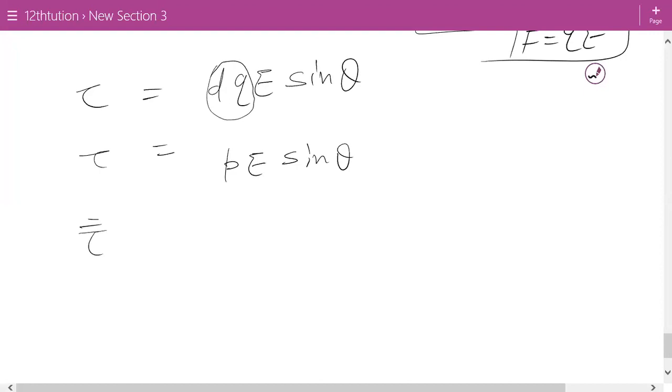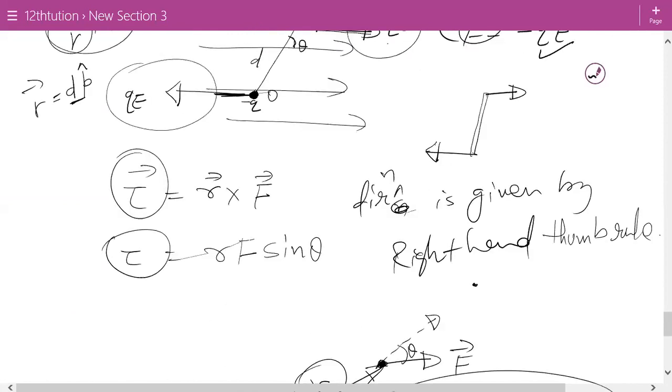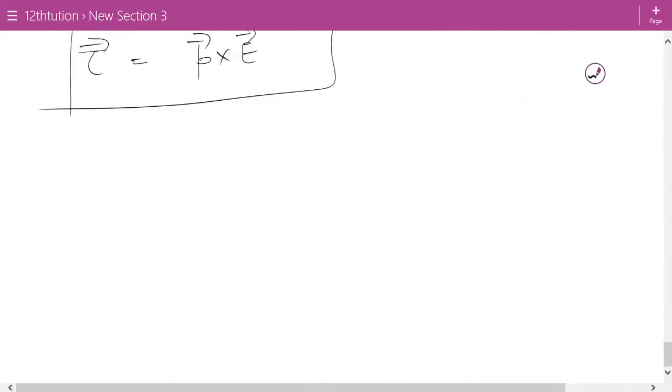Because P cross E is P E sine theta. And here also you can write the direction. The direction will be the same as P cross E. So that is the electric dipole in an external electric field. That is the formula of the torque on the electric dipole.